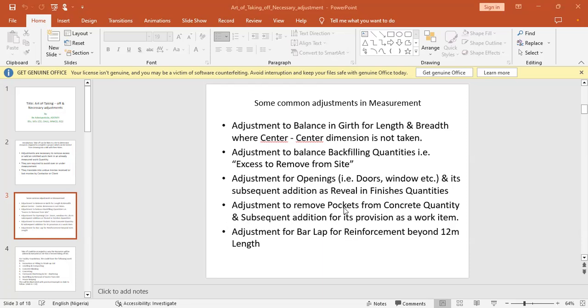Then we have adjustment to remove pockets from concrete quantity and subsequent addition for provision as a work item. The last adjustment that I will be illustrating today is adjustment for bar lap for reinforcement beyond 12-meter length.